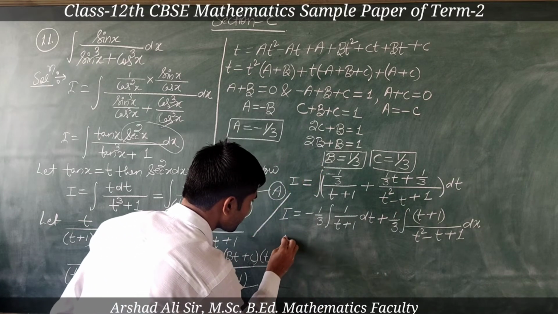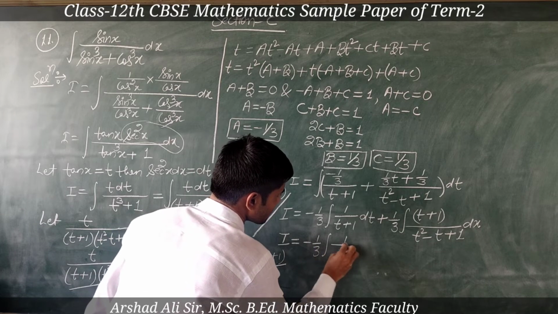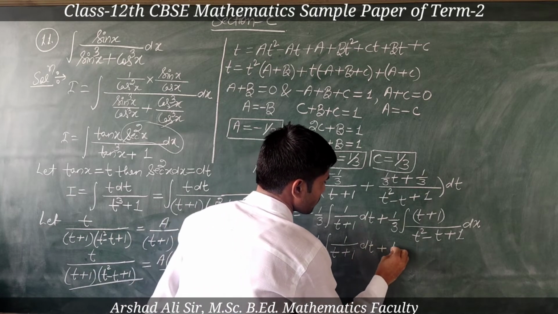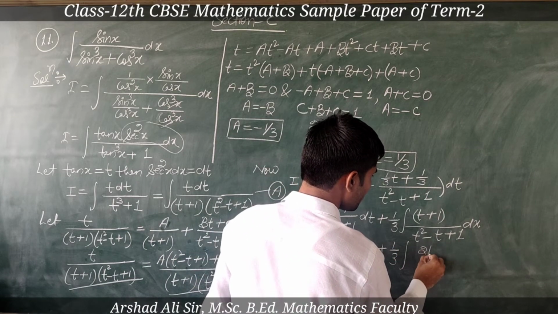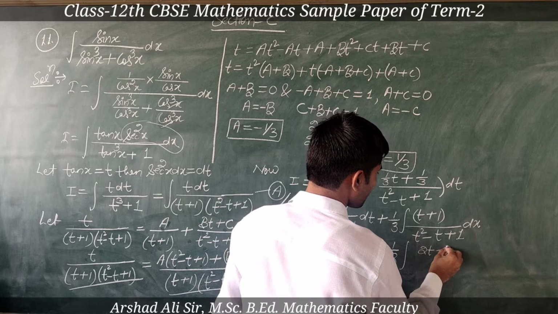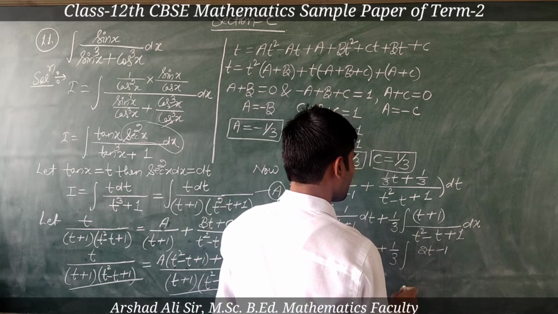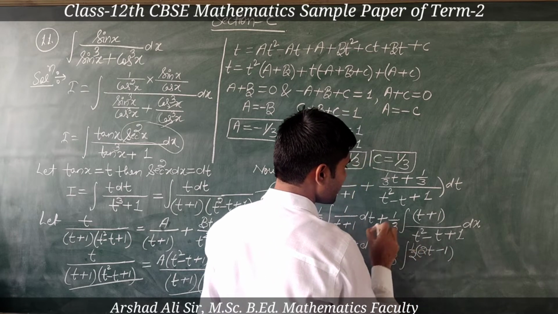So we can write I is equal to minus 1 upon 3 integration of 1 upon t plus 1 dt plus 1 upon 3. Okay, so can we write 2t minus 1, or we can divide by 2.